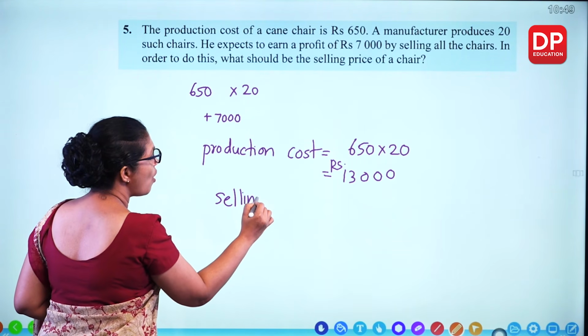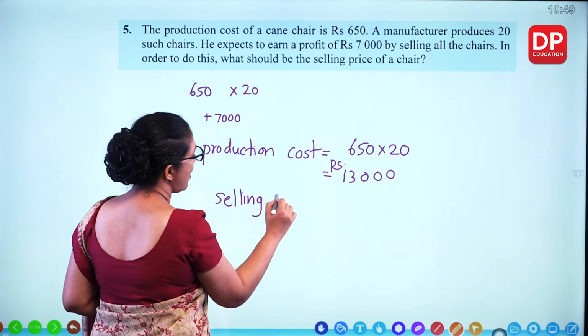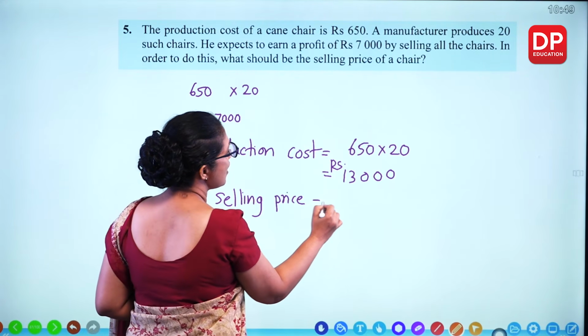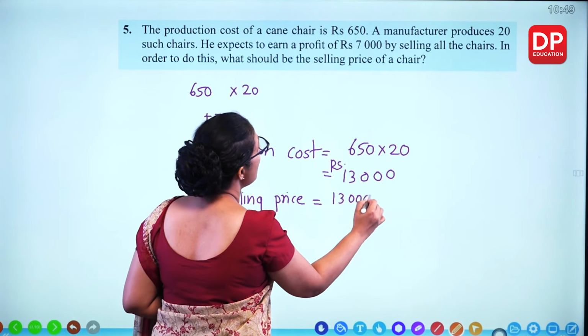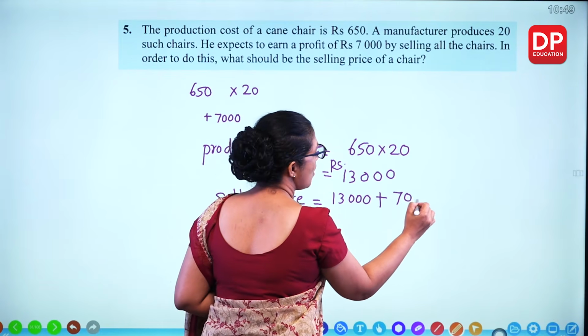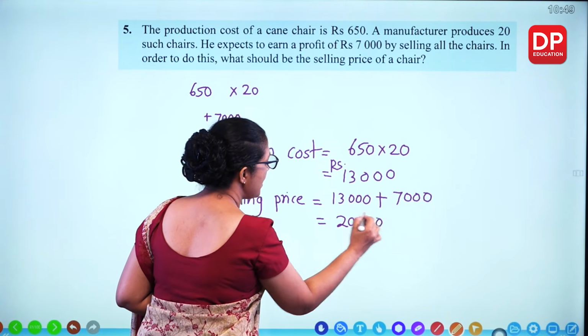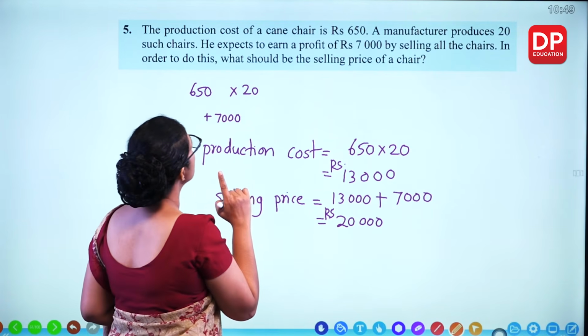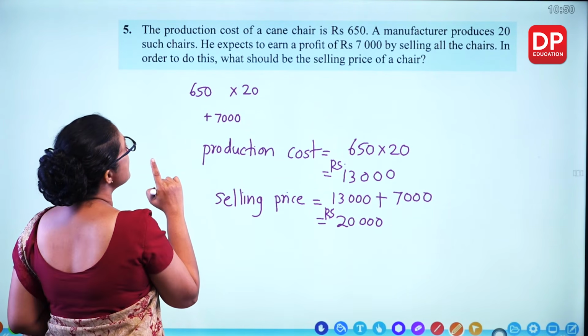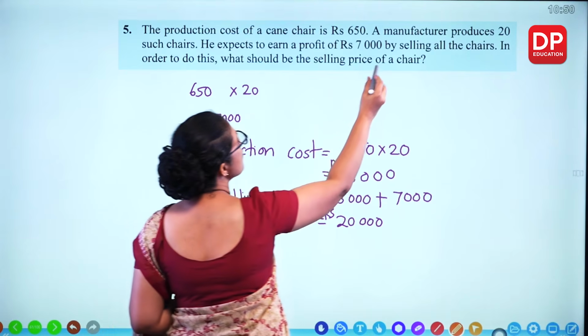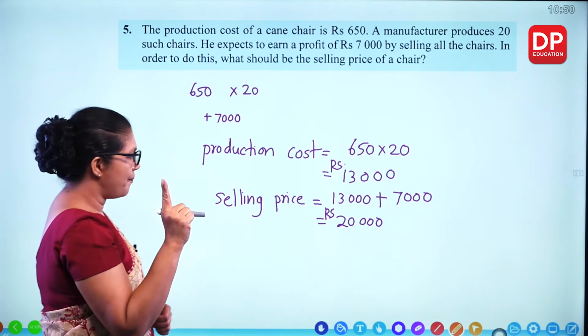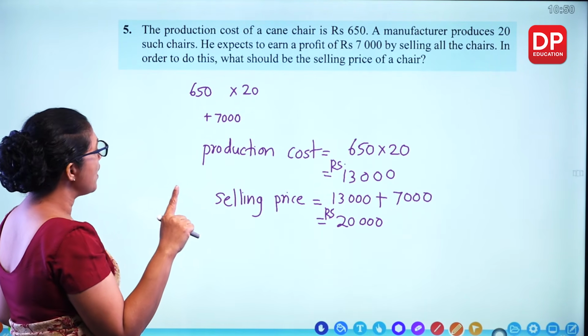If he wants 7,000 rupee profit, what's the selling price for all chairs? It's 13,000 and you have to add 7,000, so you get 20,000 rupees for all chairs. But now this is for a chair. So how many chairs? 20.